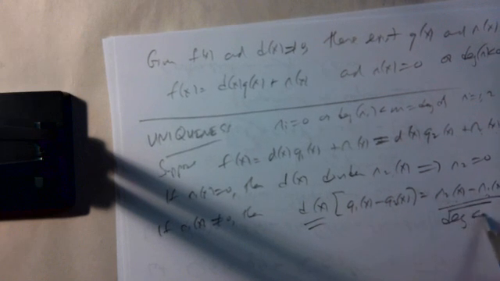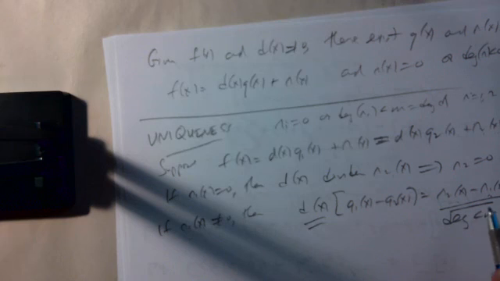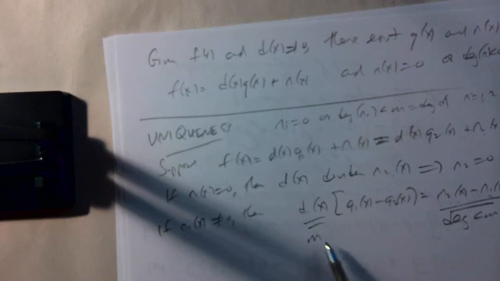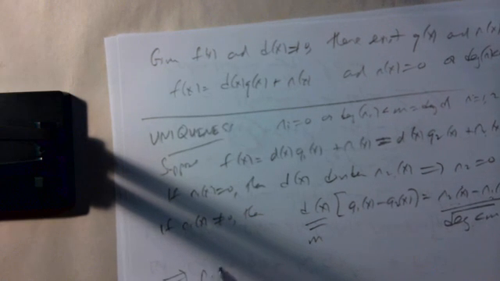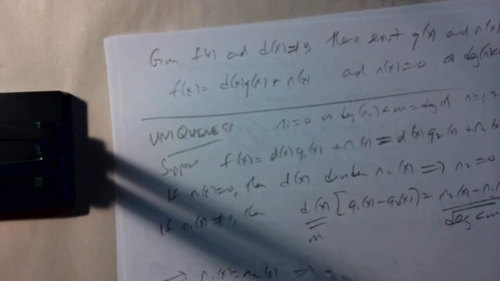So this has degree less than m, or is 0. D of x is degree m. A polynomial of degree m cannot divide a polynomial of degree less than m. So this has to be 0. So r1 of x equals r2 of x, and q1 of x equals q2 of x.